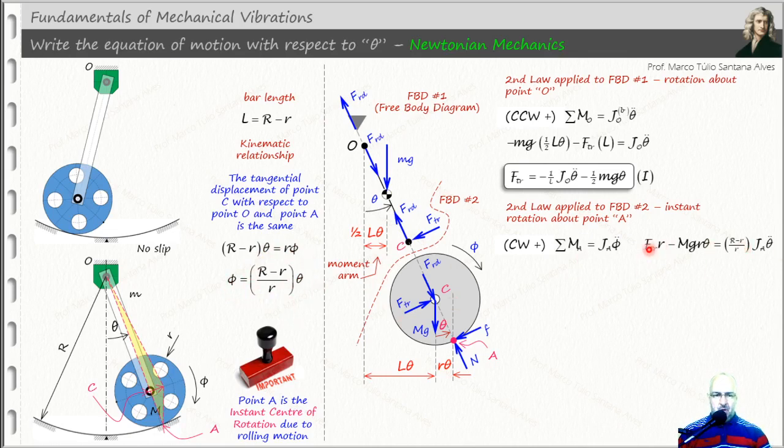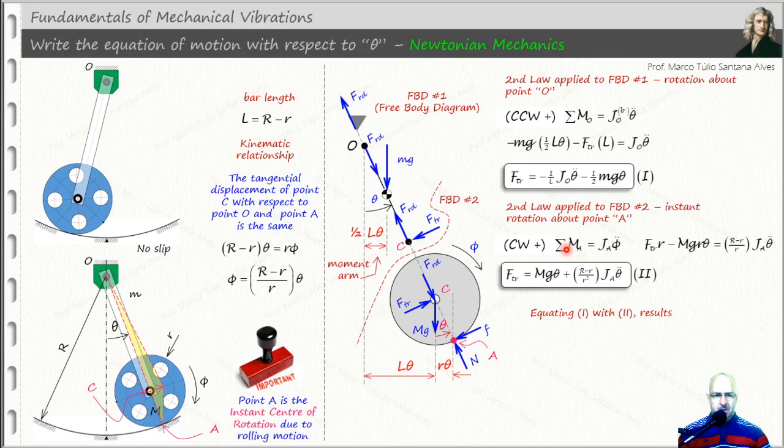We need to replace the phi double dot to write all of the equation with respect to theta. Here we have phi, but here we have double dot phi. Just put double dot over the theta here and replace this expression over here. Okay? And so we get another expression, a second expression.